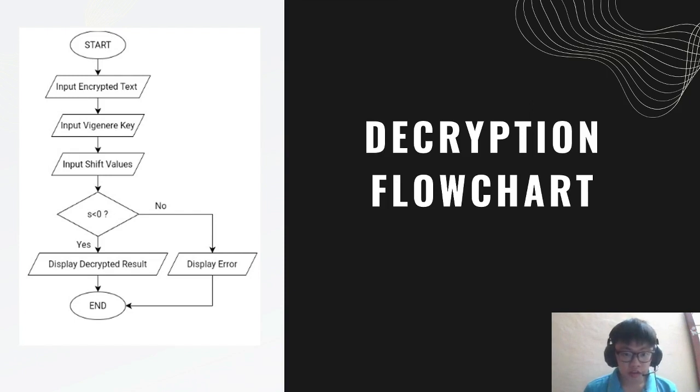So when the shift value S is less than 0, it will finally show the decrypted result, and the system will end. If not, the error text will be displayed, and finally the program will end with the display of the error.